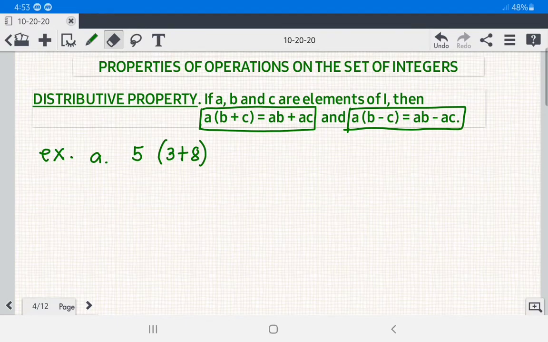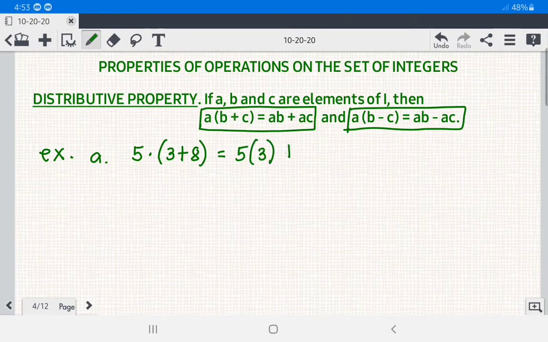Okay? Then, this is now equal to 5 times 3. And then, plus, since the operation is addition, so we have plus, then 5 times 8. Okay? Next, another example. Let's say we have 15 times 6 minus 2. Okay.